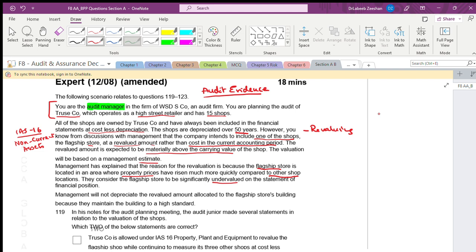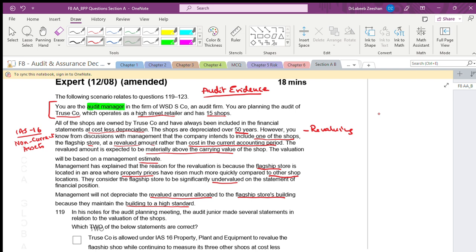Management will not depreciate the revalued amount allocated to the flagship store building because they maintain that the building is maintained to a high standard. See, what is the concept in financial reporting? You should have a basic concept of financial reporting also.